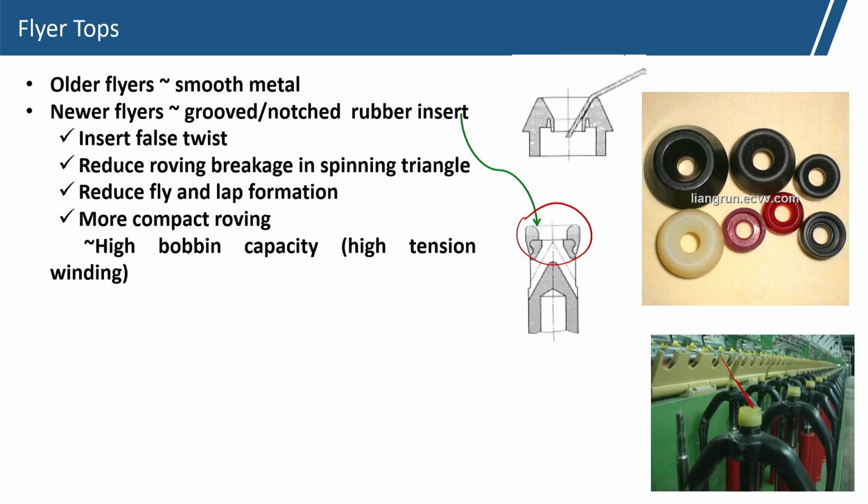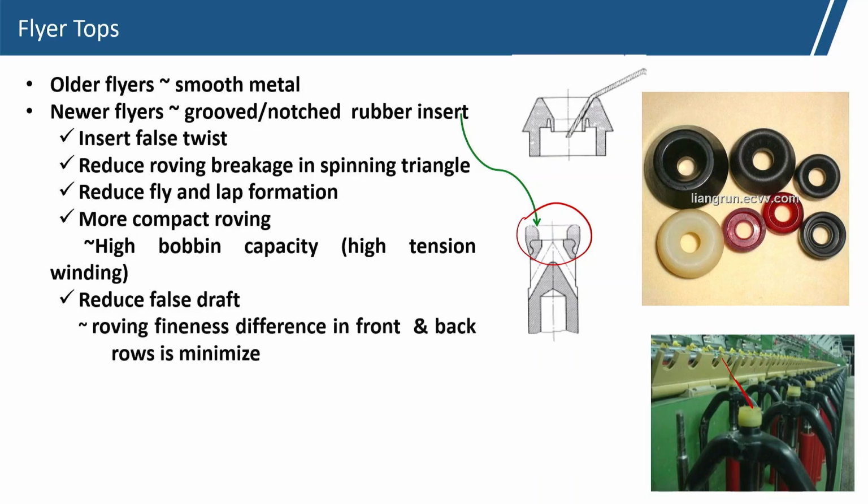As we are getting compact roving, we get high bobbin capacity, but the effective twist is the same. That means, it will not have the drafting problem and reduces false draft due to the wrapping of fiber, not the effective twist. Roving fineness difference between the front and back row is minimized because of this.